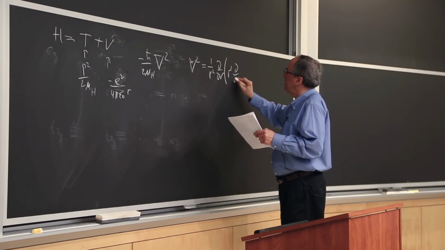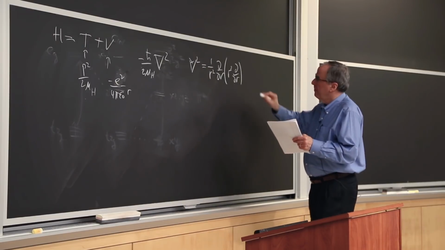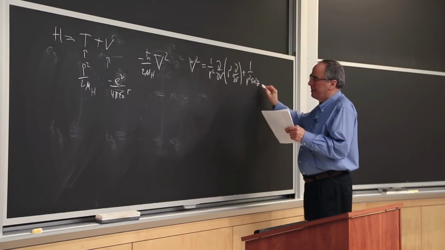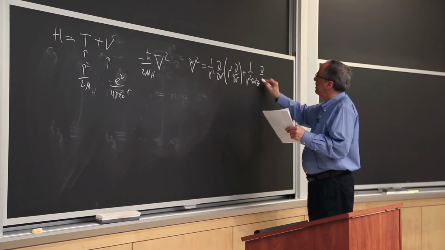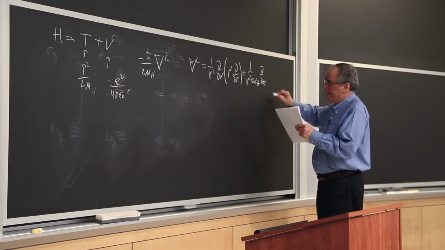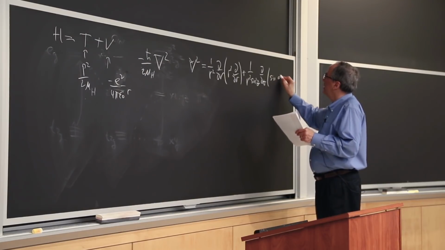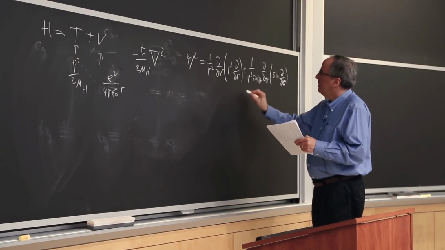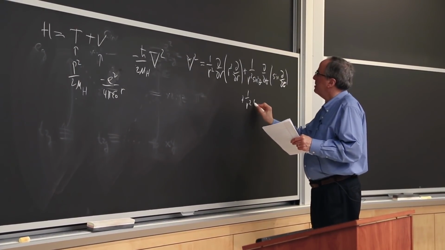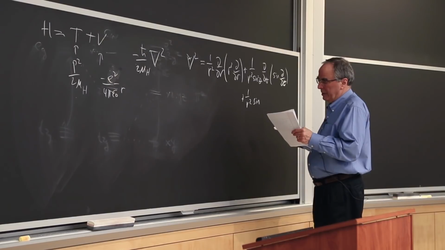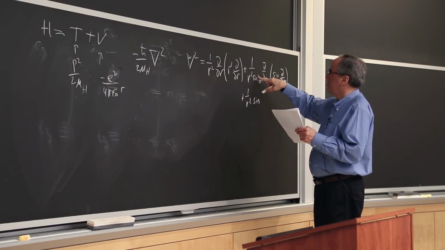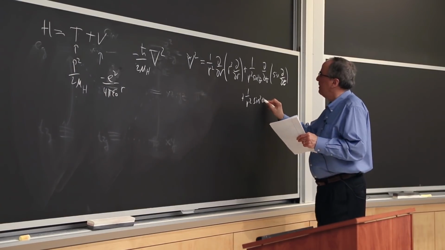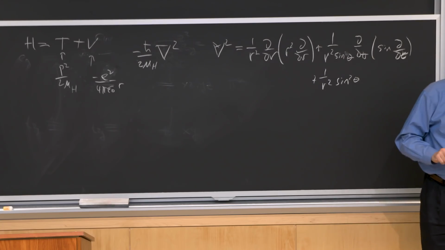partial with respect to r squared, partial with respect to r. Then we have 1 over r squared sine theta, partial with respect to theta, sine theta, partial with respect to theta, and then a third term, 1 over r squared sine squared theta. I got a square here, that's wrong. And this is sine squared theta. I heard a mumble over there.